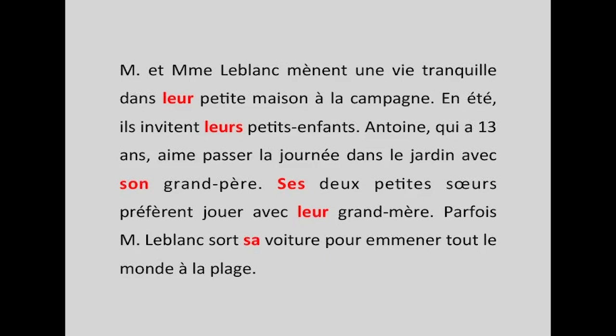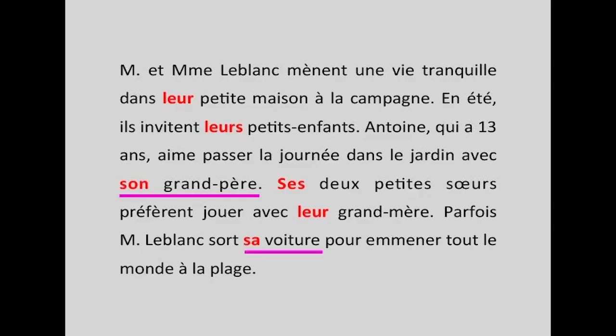Sometimes the noun is placed directly after the possessive adjective, as in leurs petits-enfants, son grand-père, leur grand-mère, and sa voiture. And sometimes an adjective is placed between the possessive adjective and the noun, as in leur petite maison and ses deux petites sœurs. Each time, however, the possessive adjective agrees with the gender and number of the modified noun.